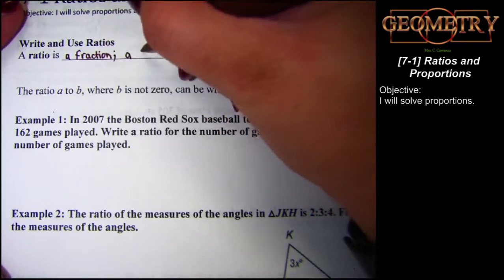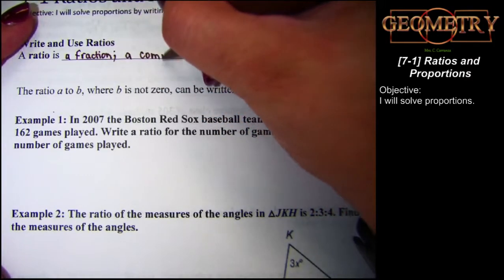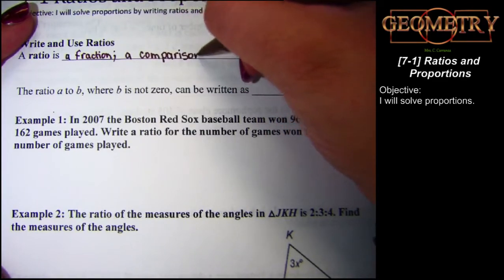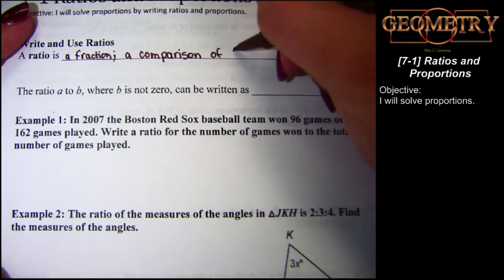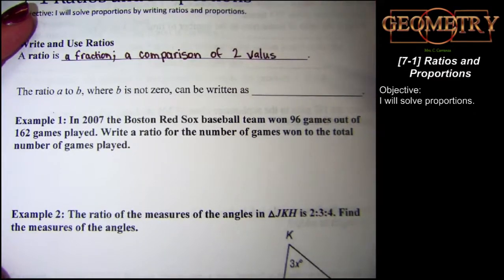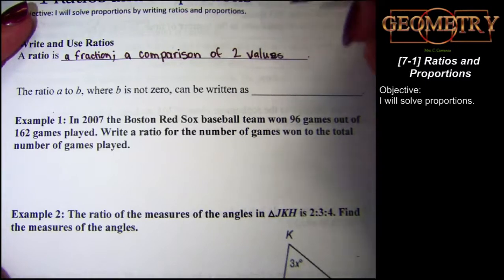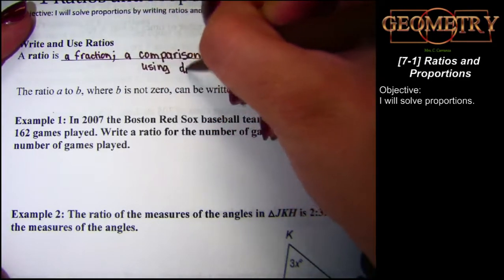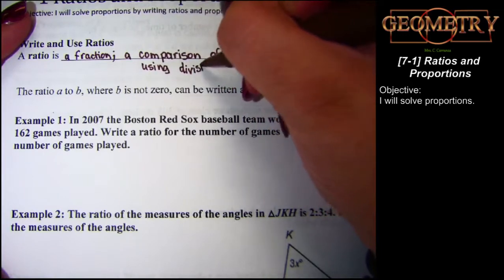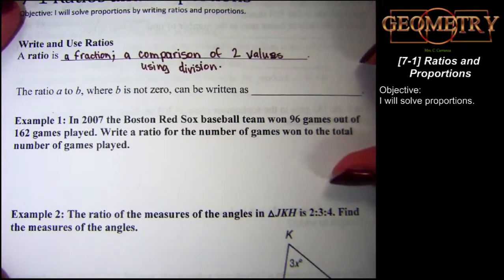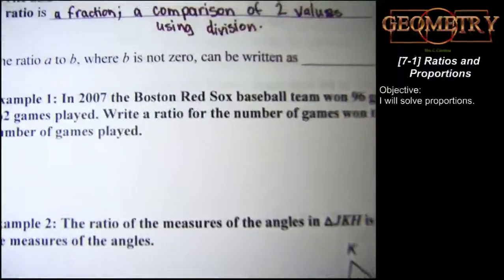Really, the best way to think about a ratio is as a comparison of two numbers, two values. And you compare these two values using division. So you don't use addition or subtraction or multiplication. You use division. And that's what makes it a fraction.